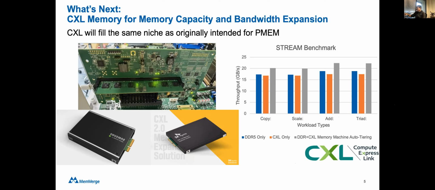The gray bar shows that if you have memory spread across the local DRAM and the CXL memory, you will be able to achieve higher bandwidth compared to running the workload only in CXL or only in DRAM. This shows the promise that CXL is able to expand your memory capacities. And of course, later if your CXL goes outside of the box, it can also be shared with multiple compute servers and expand their capacity as well.